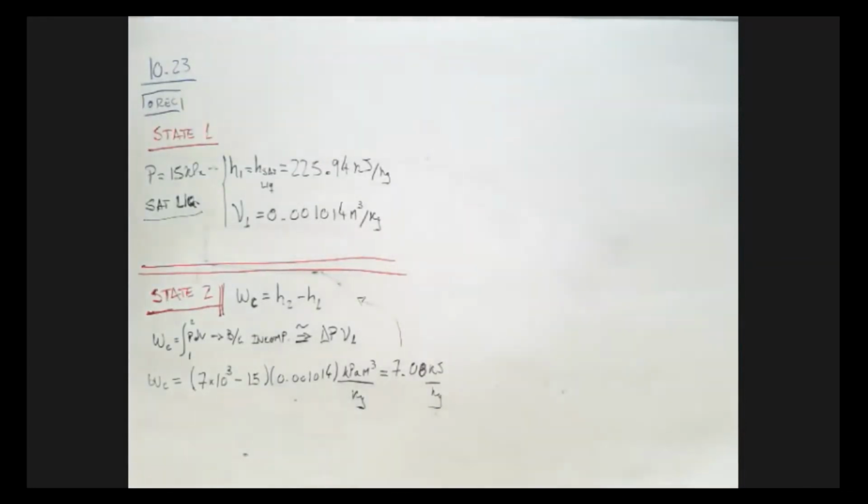Note that the only thing I knew about state 2 before I did this was the pressure, 7 megapascals. Now I know the pressure and the enthalpy, and once I know that, I have the whole thing defined.